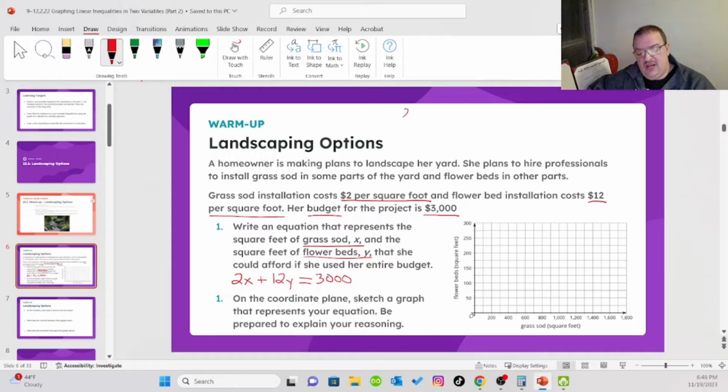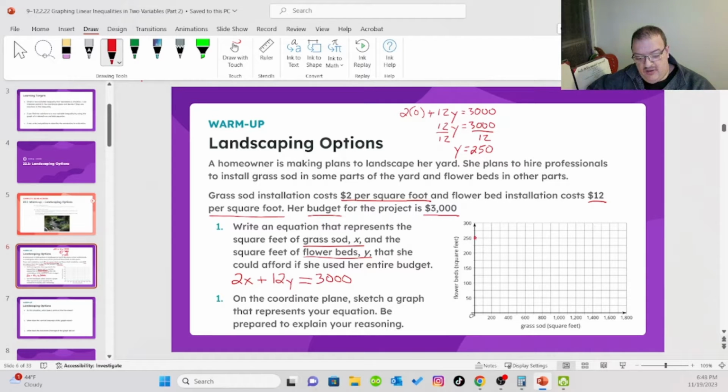First, I can say that X is 0. Anything times 0 is 0. Divide both sides by 12 to get Y by itself. And you find out that when X is 0, Y equals 250.